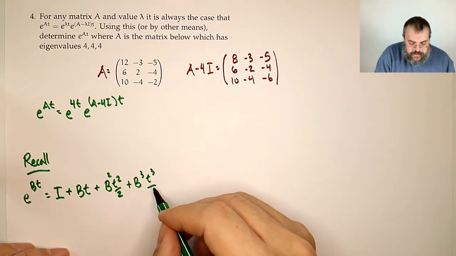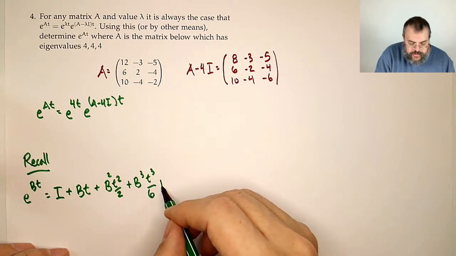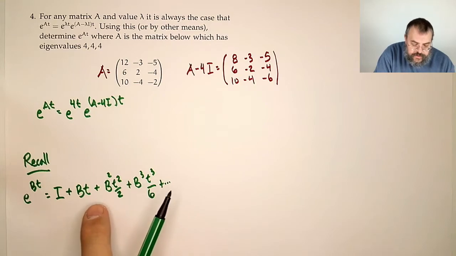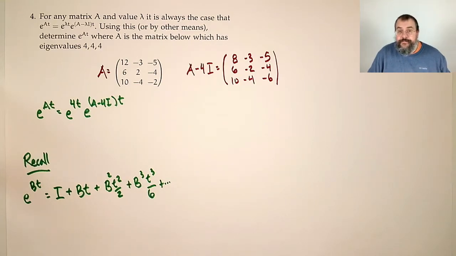This would be t cubed over 6, which is 3 factorial, dot, dot, dot. So what we want to do is say, hey, does something happen to these matrices? And the claim is if all the eigenvalues are 0, something does happen. And it's a good claim. It's true. Well, for us, it means we're going to be doing some matrix multiplication.